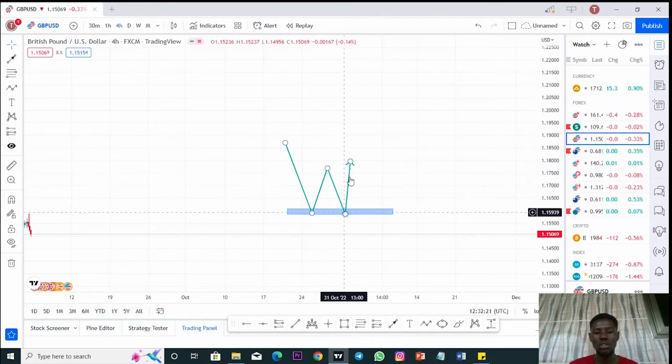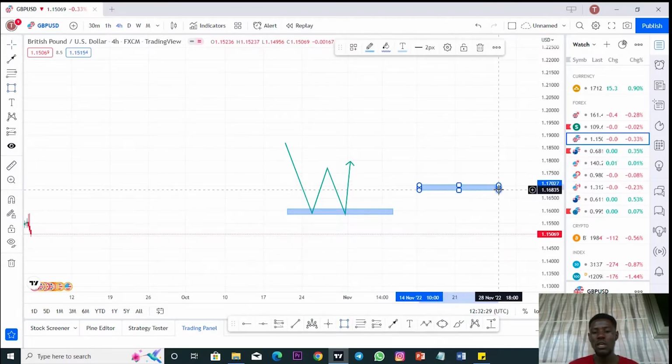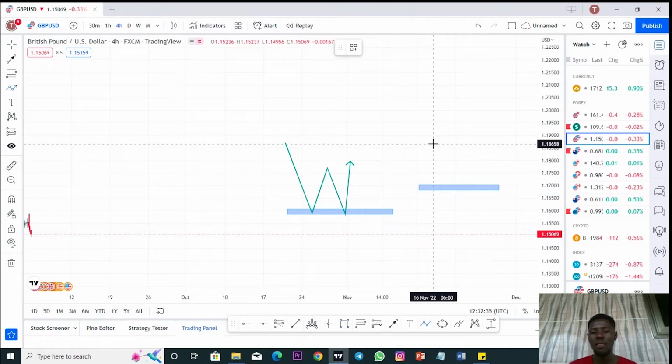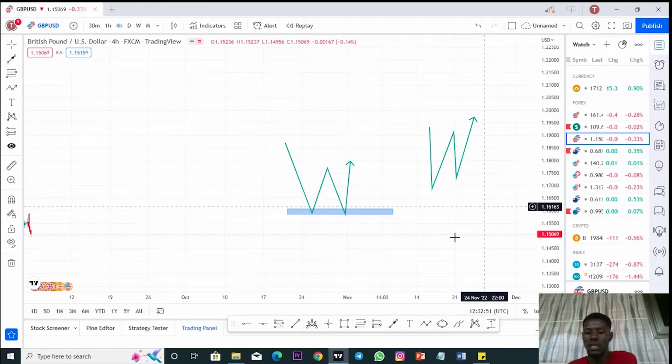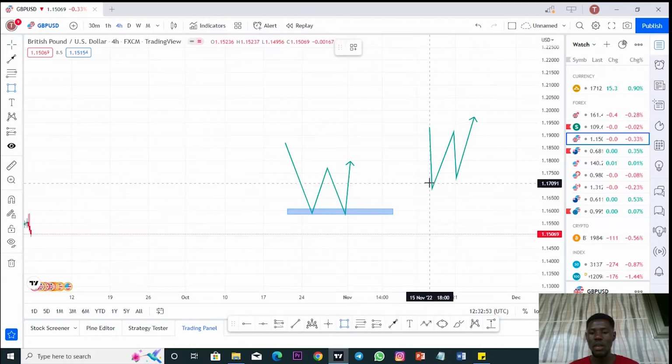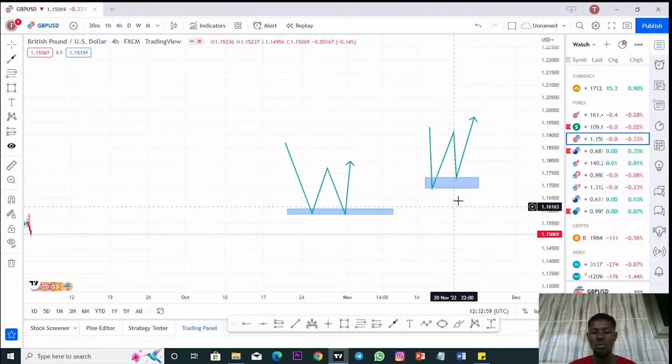Sometimes one of the legs will be up, and one of the legs will be more to the downside, and one of the legs will not even reach the resistance region. But yes, we consider it as a double bottom.